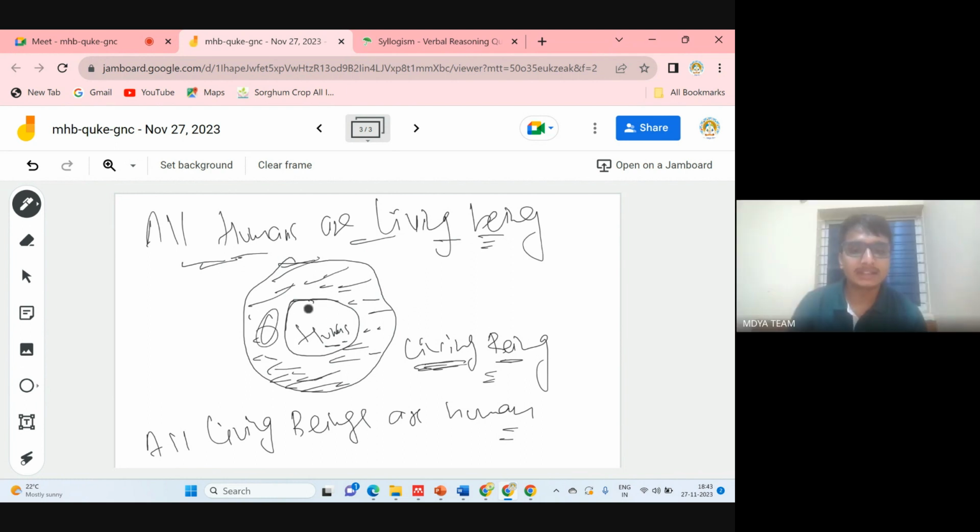Only this part of the bigger circle is covered by humans. But in the vice versa statement, all humans are living beings, because all parts of the human circle come under living beings, but not every part of living beings comes under the circle of human. So with the help of Venn diagram, you can understand.